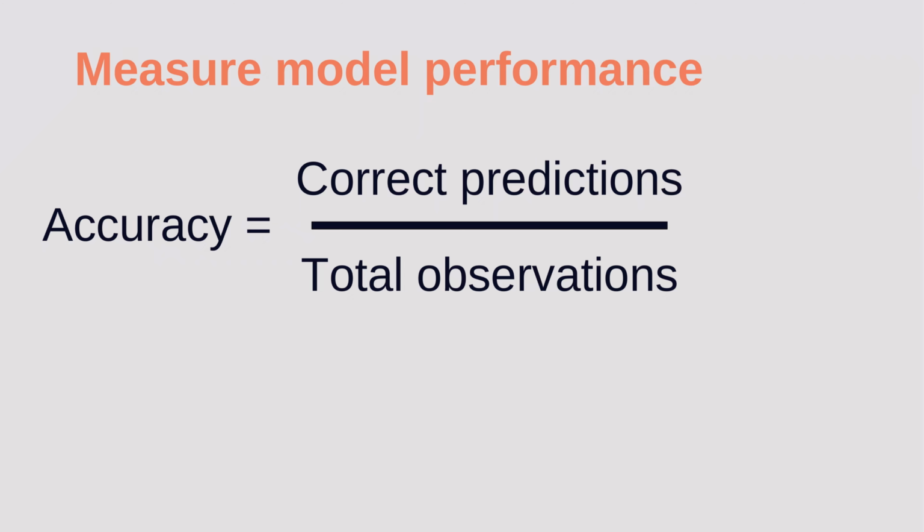You might think to measure accuracy on the same data that you use to train the model. But there's a problem. Since the model has already seen this data, the accuracy will likely be overly optimistic. What we really care about is how well the model performs on unseen data, because that's what tells us how well it can generalize in real-world scenarios.